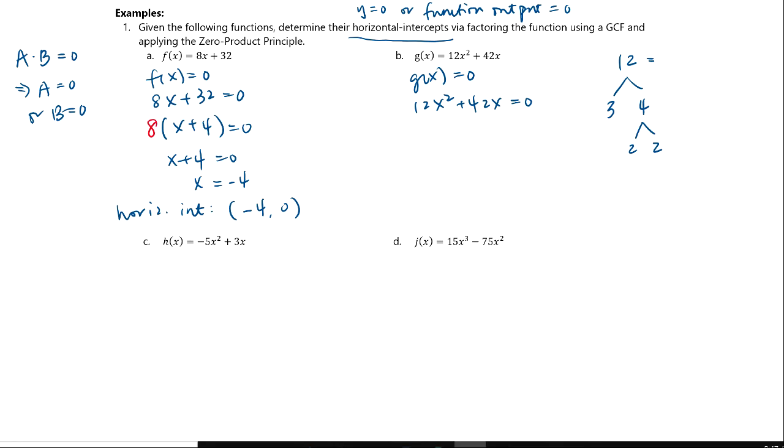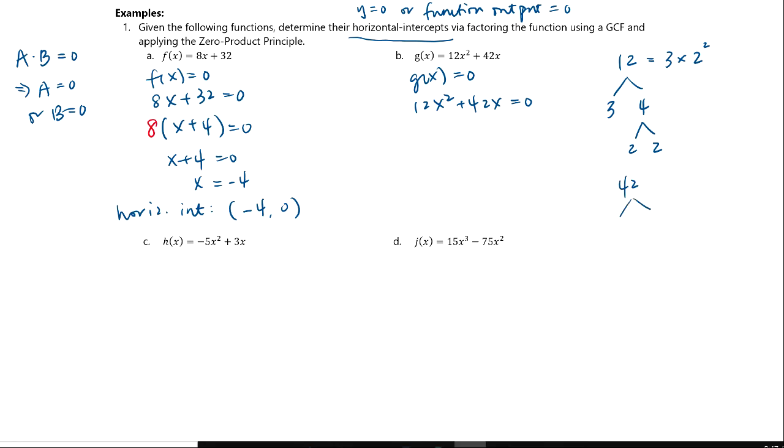And to put it all together, we can write this as 3 times 2 squared over here. Because we have two 2's, we can put 2 as a power, meaning we're multiplying 2 by itself twice. And then for the other coefficient, we have 42.